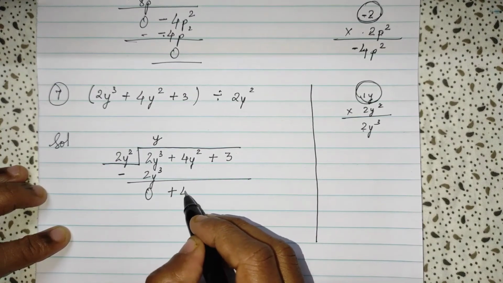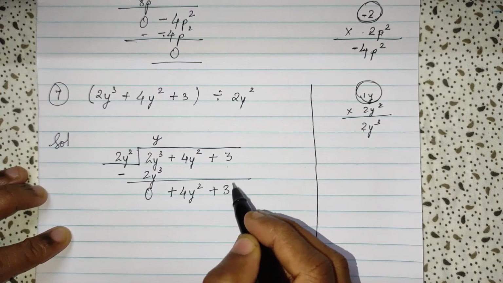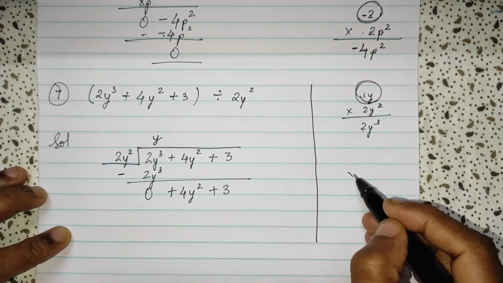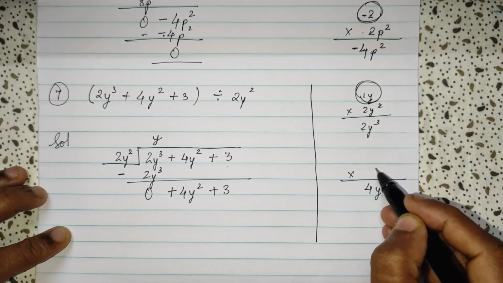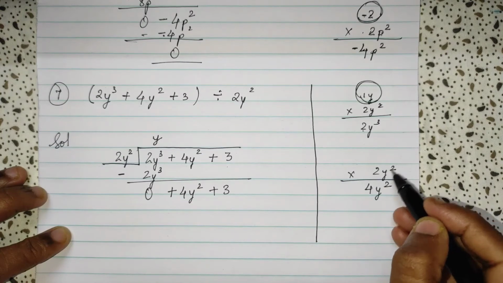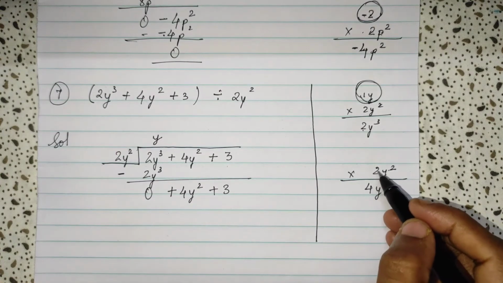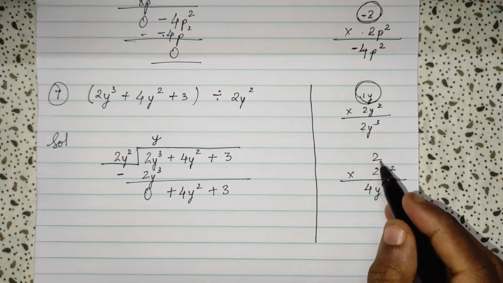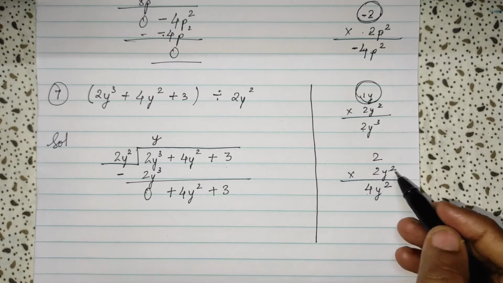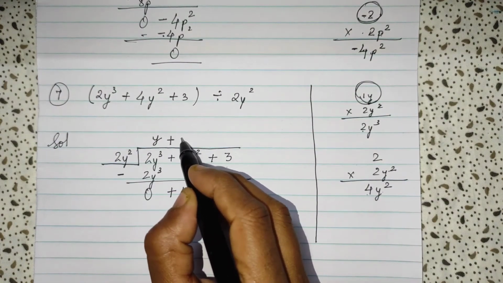So 4y square, the full term you have to write at the bottom. Now you need 4y square and you have 2y square. So y square you already have. So 2 2s are 4, so plus 2.